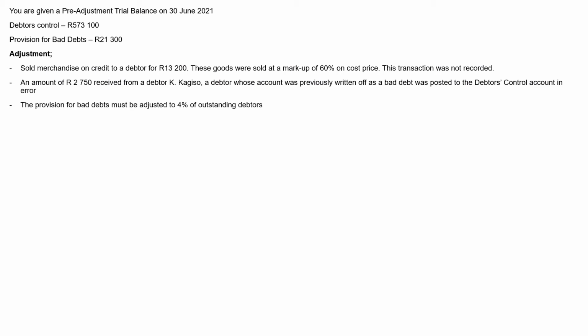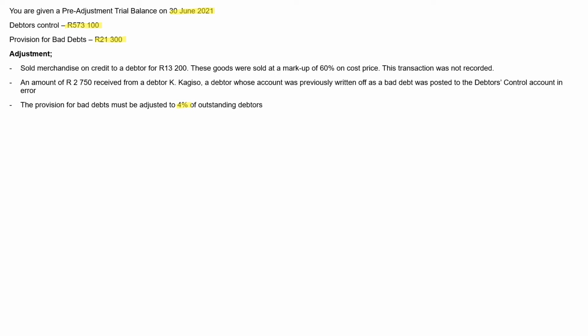Looking at the question, it says you are given a pre-adjustment trial balance on 30 June 2021. Debtors control in that trial balance was given as 573,000. So the year end is 30 June 2021. Then provision for bad debts is given as 21,300. Then we're given adjustments. Normally, the adjustment for provision for bad debts comes later.